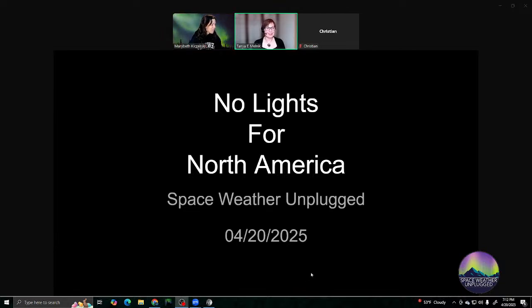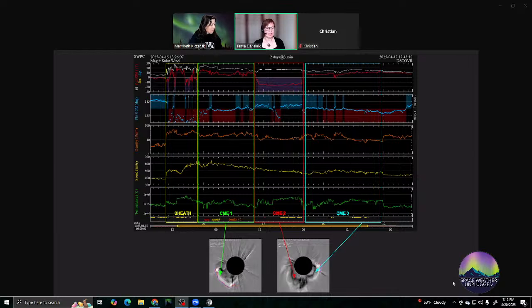All right. So, going into what happened in solar wind, Maribeth, you want to take this one over? So now that we're up here, this is nicely labeled, and even with the coronagraphs, you can see through the solar wind the 2 days where everything happened. You have the sheath first and foremost, followed by CME1, CME2, and CME3, and they're boxed in.